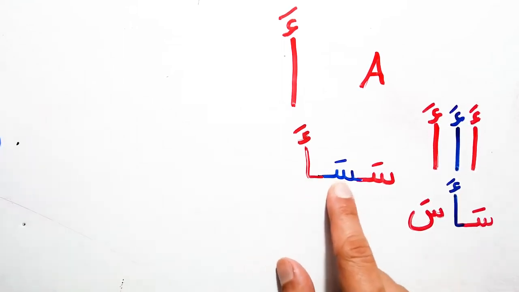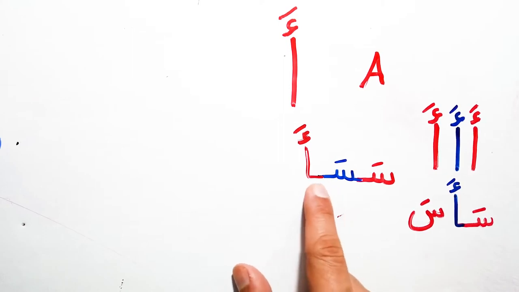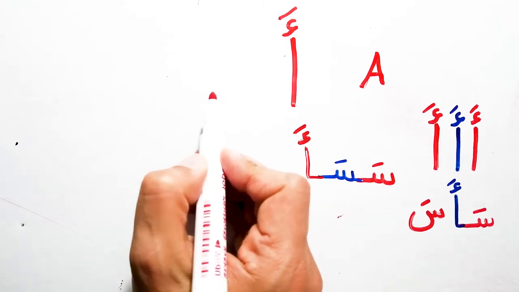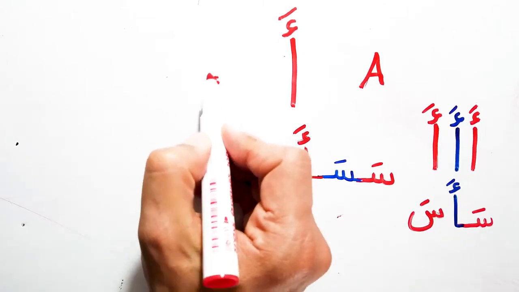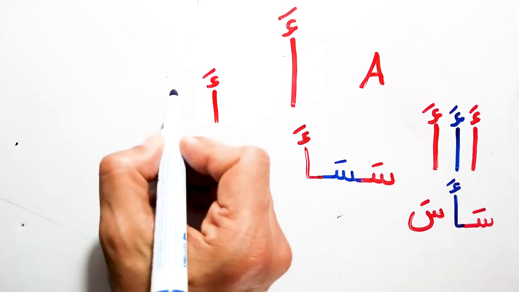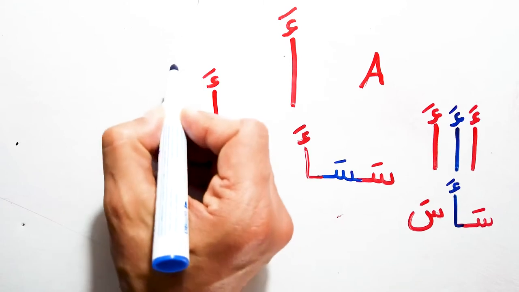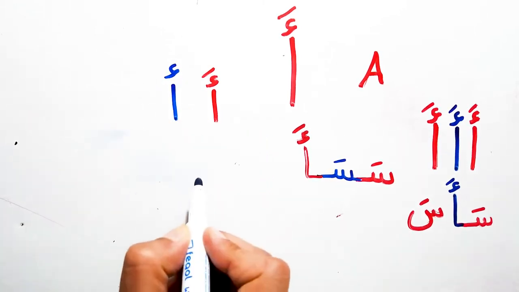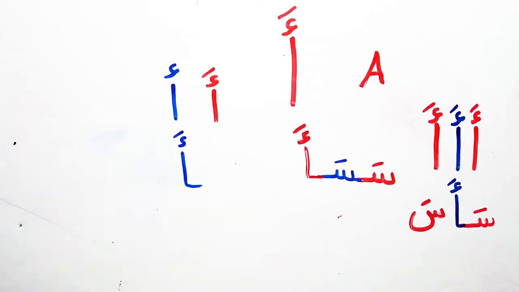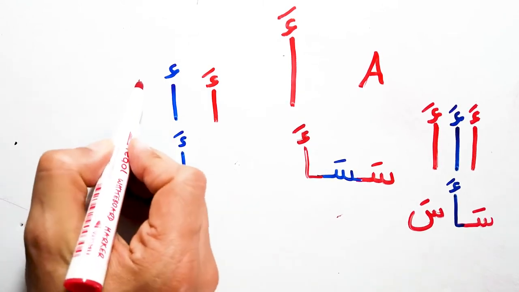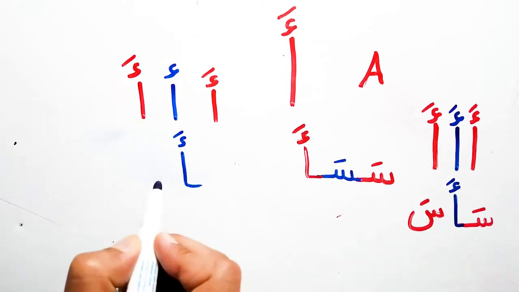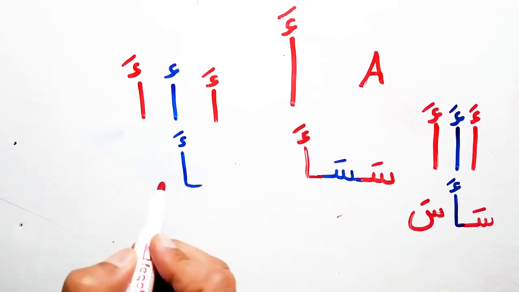Now it is connected to the previous one from the right side, as you see here. So a in the beginning of the word has this shape. This is the only shape of a in the beginning of the word. A in the middle of the word, it can be like this or like this. A in the end of the word, it can be like this or like this.